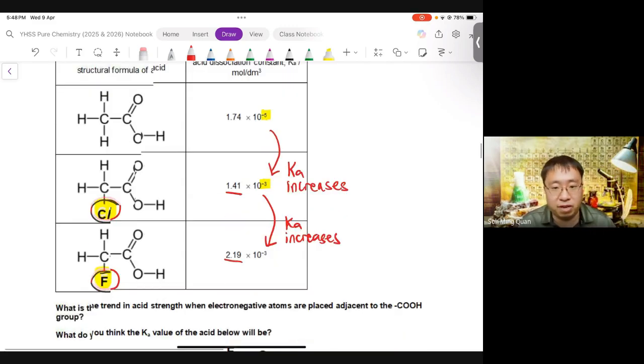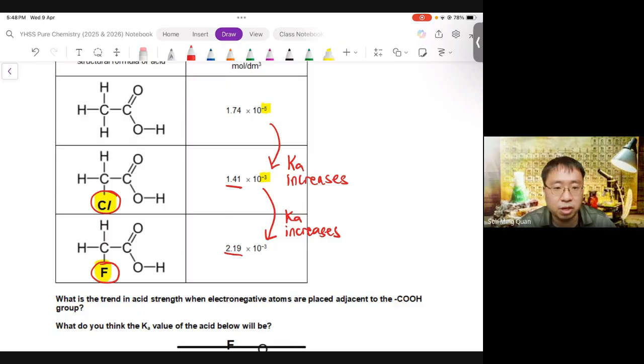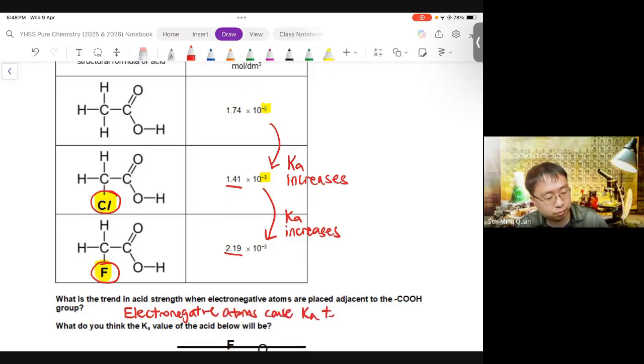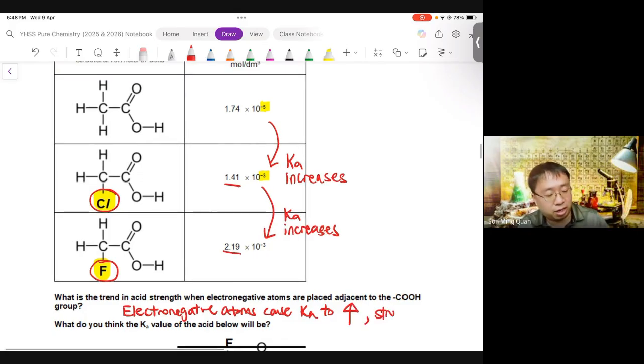It's a very, very, very electronegative element, right? So if there are electronegative elements, we can conclude Ka increases. So electronegative atoms cause Ka to increase. If Ka increases, it's a stronger acid.